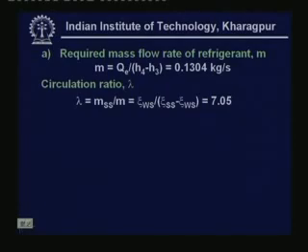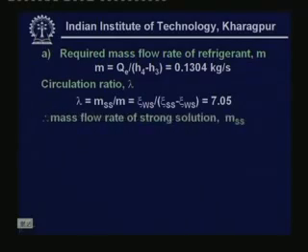From mass balance across the absorber, we have seen that for water lithium bromide systems, the circulation ratio is equal to the concentration of the weak solution divided by the difference between the strong and weak solution concentrations, that is zeta Ws divided by zeta Ss minus zeta Ws. Zeta Ws from the input data is equal to 0.578 and zeta Ss is 0.66. So, if you substitute these values, you find that the circulation ratio is 7.05.